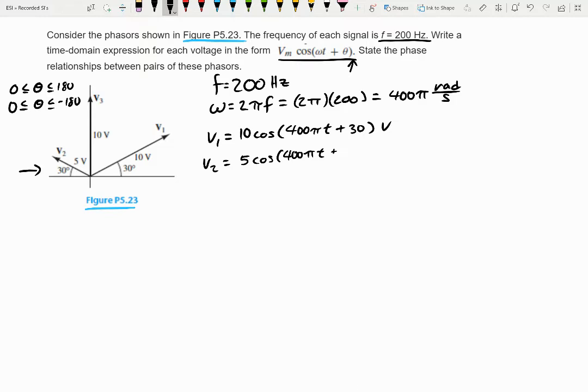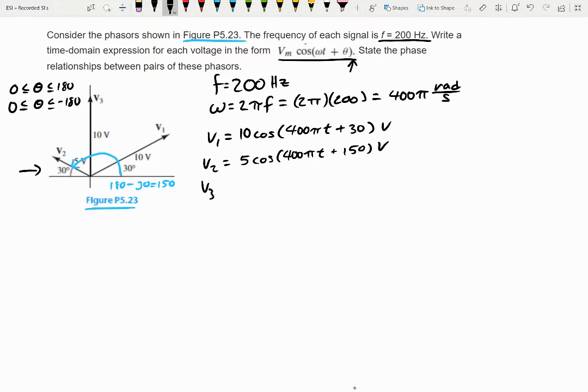So in this instance, we wouldn't want to go that way, because that angle is going to be 210 degrees, and we don't want that. So what we want instead is this angle here, which will be 180 minus 30, which is 150. So plus 150 degrees, and then the unit is volts.